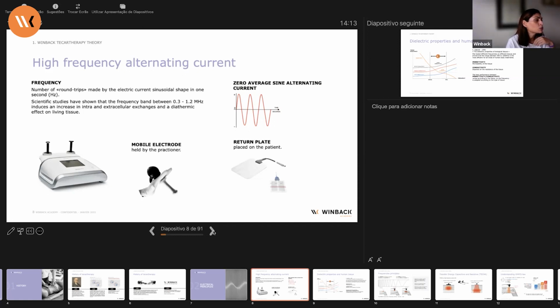Studies have shown that frequencies between 0.3 and 1.2 megahertz induce an increase of intra and extracellular exchanges. It increases the cellular biological metabolism, and it also has a diathermic effect on living tissue. It's really important to note that Winback only has effect on living tissue, okay? You need cells to increase their metabolism.